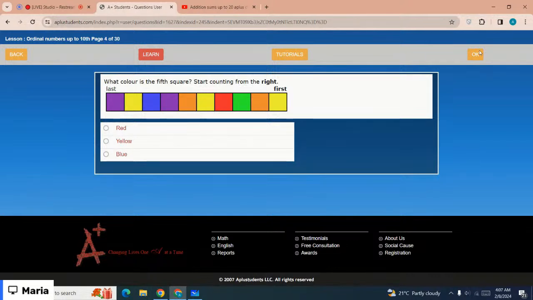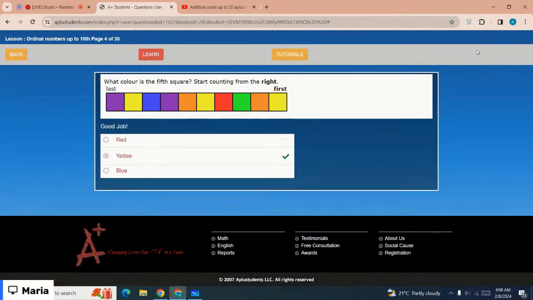What color is the fifth square? So which is the correct option? The fifth one is one, two, three, four, five. Yes, that is yellow. The fifth square is yellow.